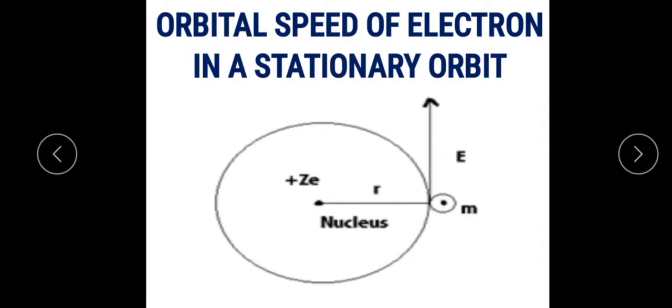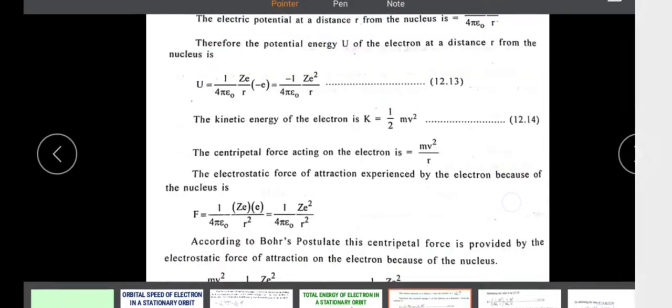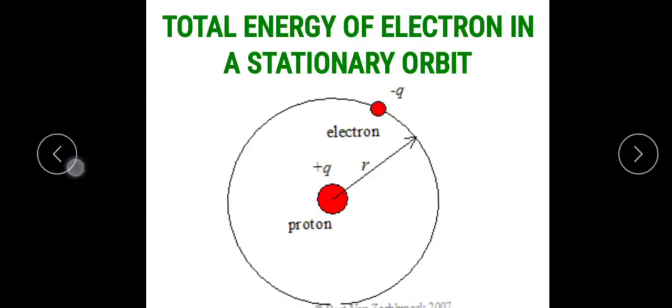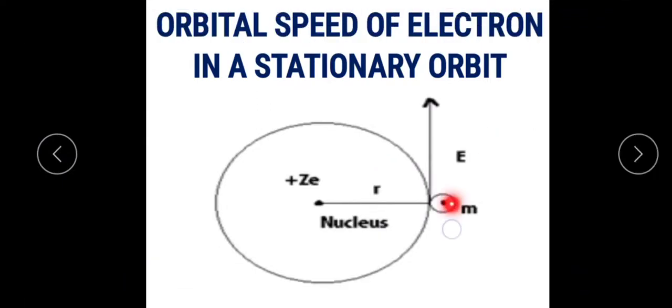Let us consider an electron of mass m. Its charge is considered as minus e, which is revolving around the nucleus of charge plus Ze in a circular orbit of radius r, with orbital velocity v. Here Z is nothing but the atomic number.